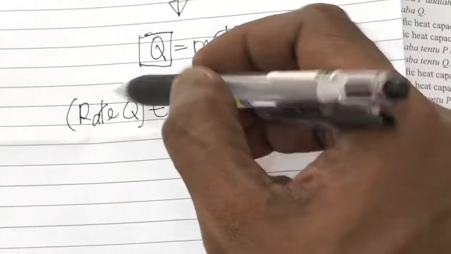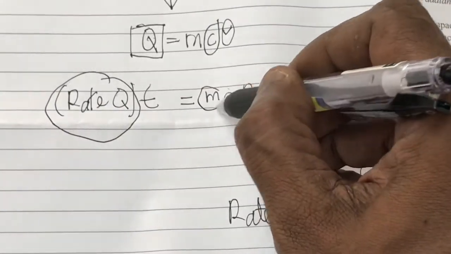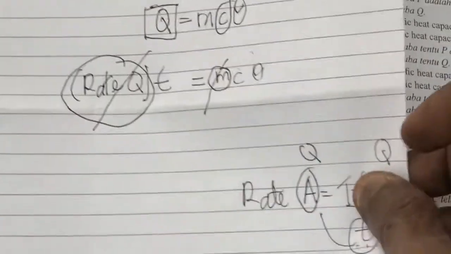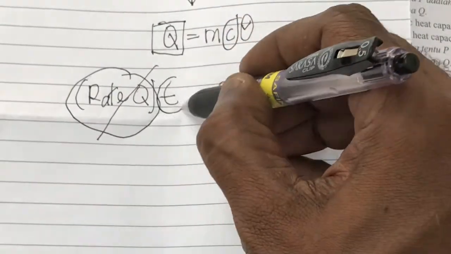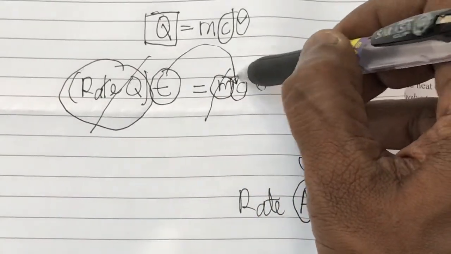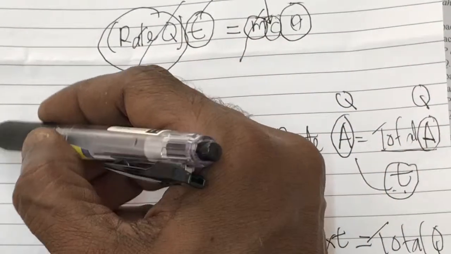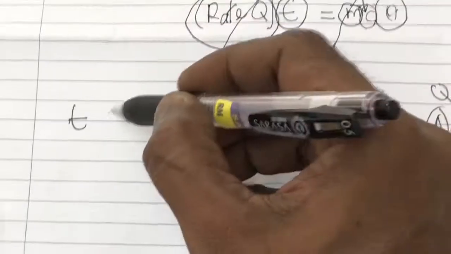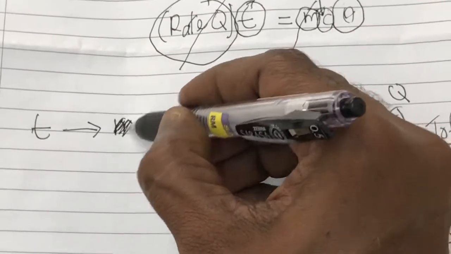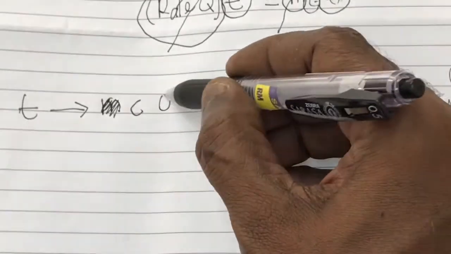So these two are not involved in the working, which means the time for it to boil only depends on the specific heat capacity c and the change in temperature.